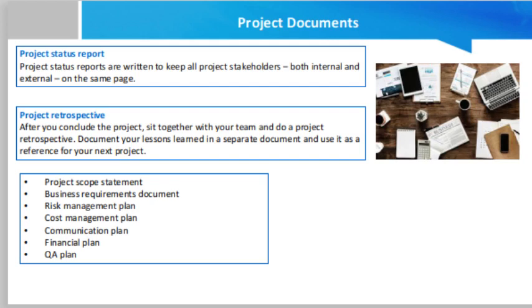Depending on the type of project you are planning to undertake, you may want to additionally create some of the documents like project scope statement, business requirement document, risk management plan, cost management plan, communication plan, financial plan, and QA plan.